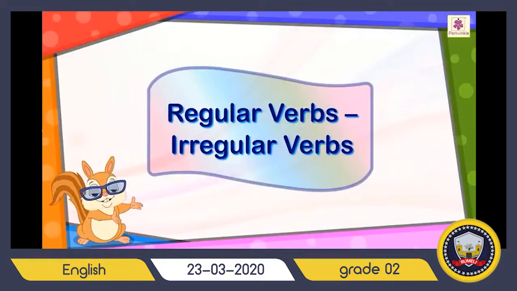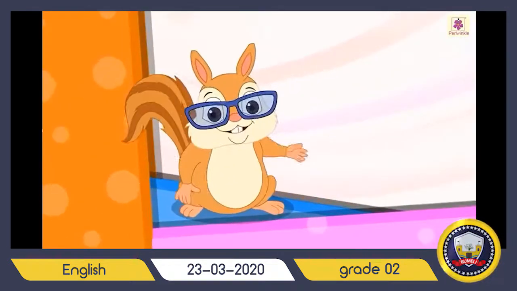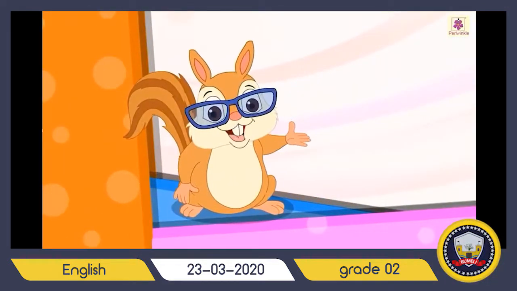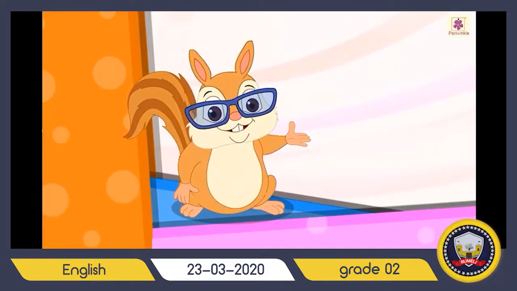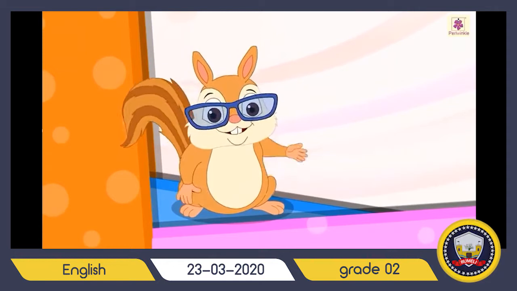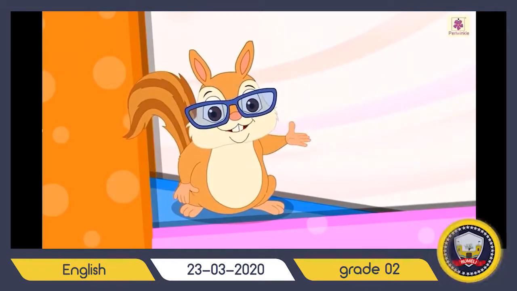Regular verbs, irregular verbs. Ricky believes that all the verbs in simple past tense end in ed. Nikki believes that some verbs in simple past tense do not end in ed.